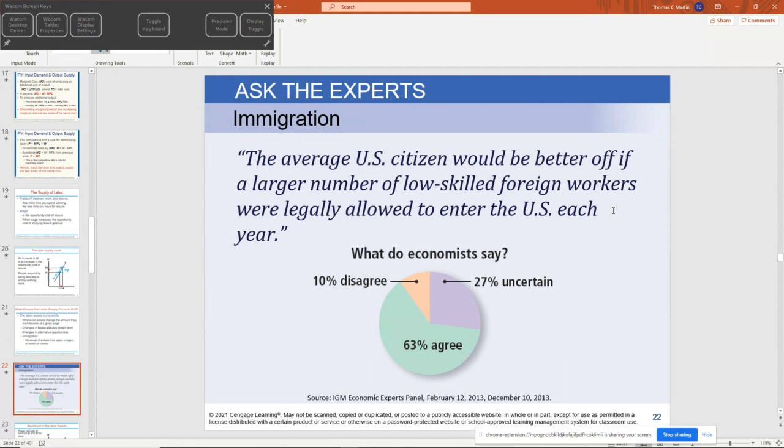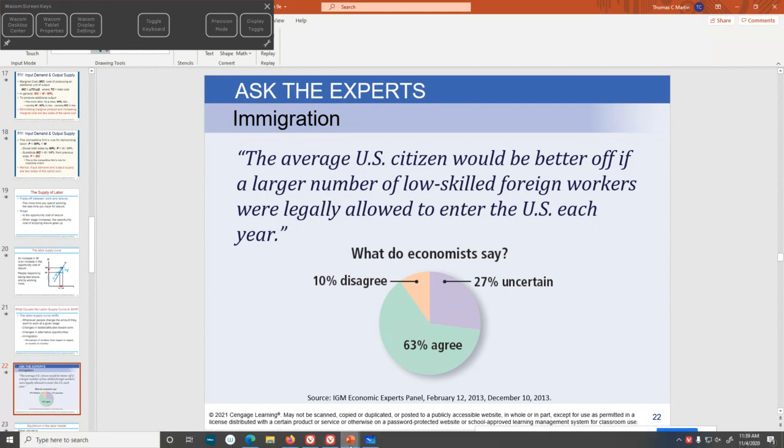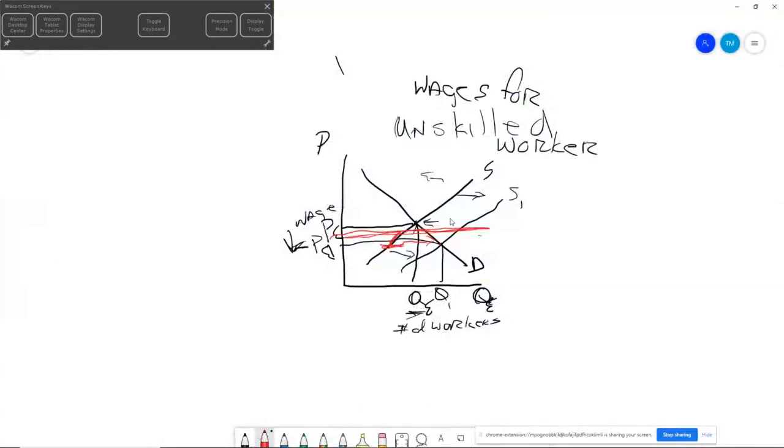So would the average American be benefited by an increased number of unskilled workers? The answer is yes. But the unskilled workers that were already in the workforce, like I was showing here, with this increased supply, now they're having to work at a lower rate.